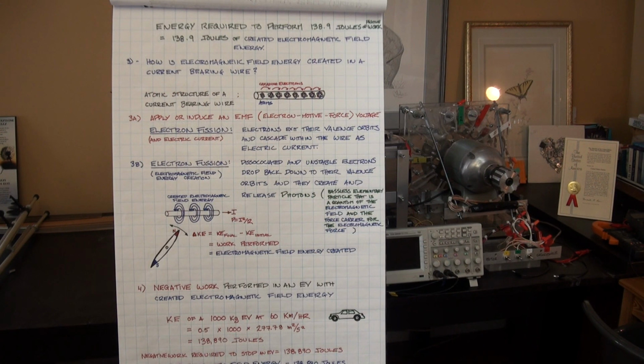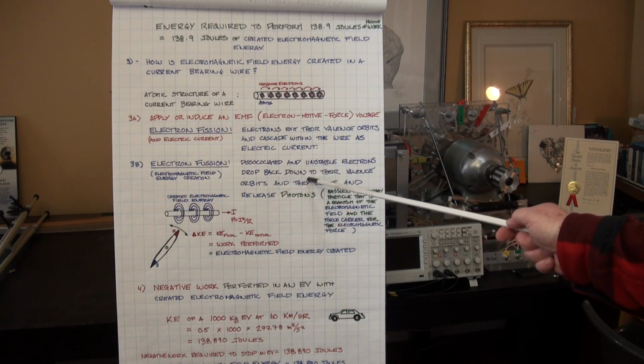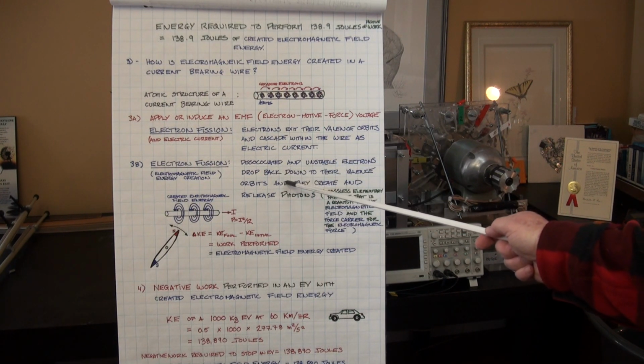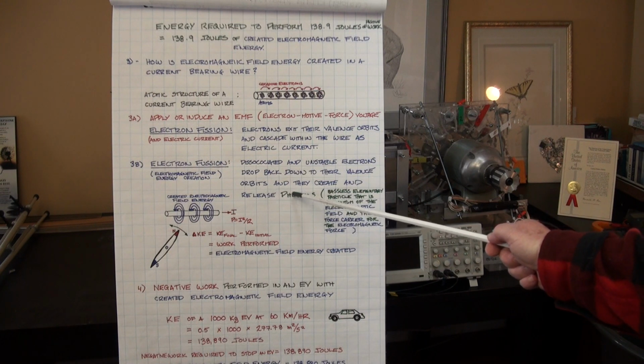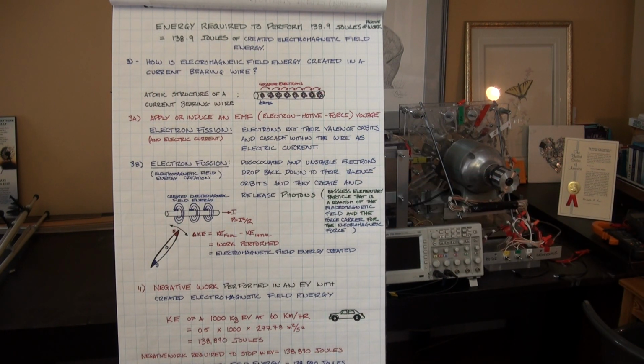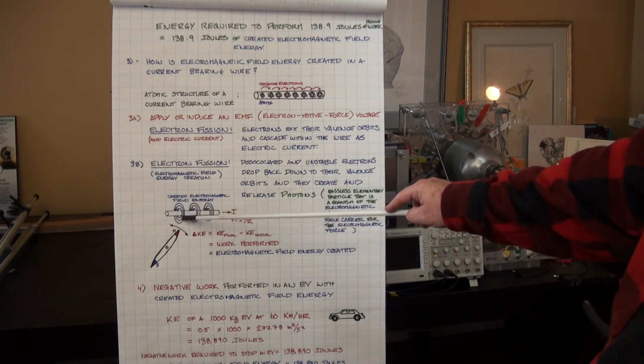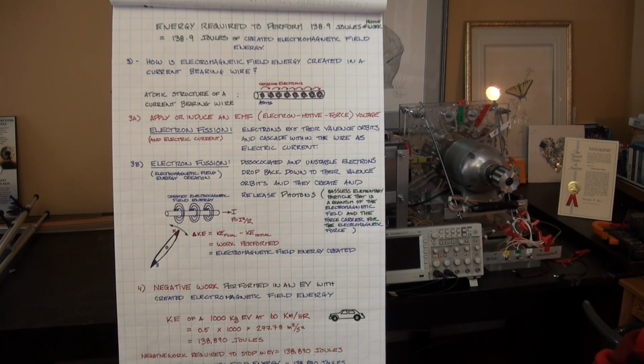When the dissociated and unstable electrons drop back down to their valence orbits, they release photons via electron fission, and these photons create and constitute the electromagnetic field energy around the current-bearing wire.